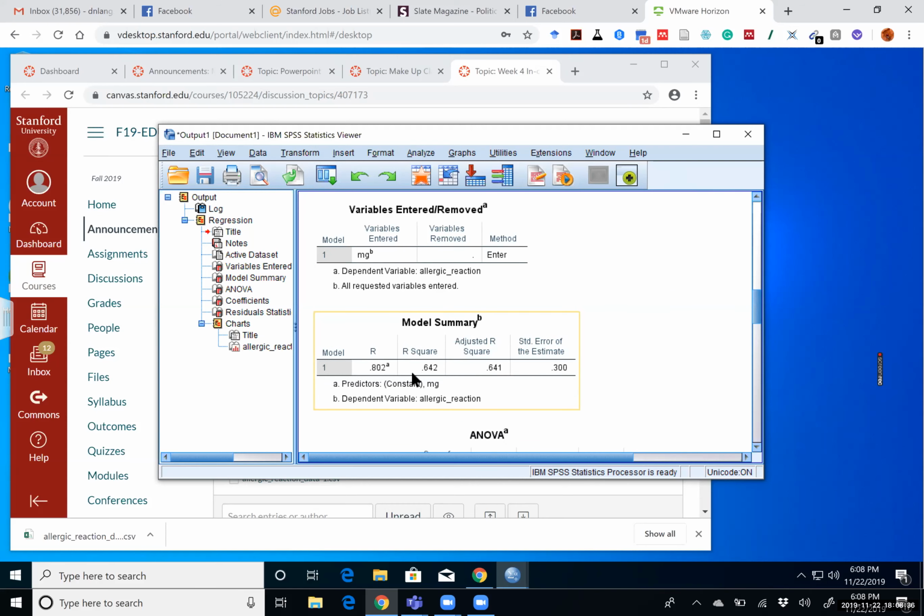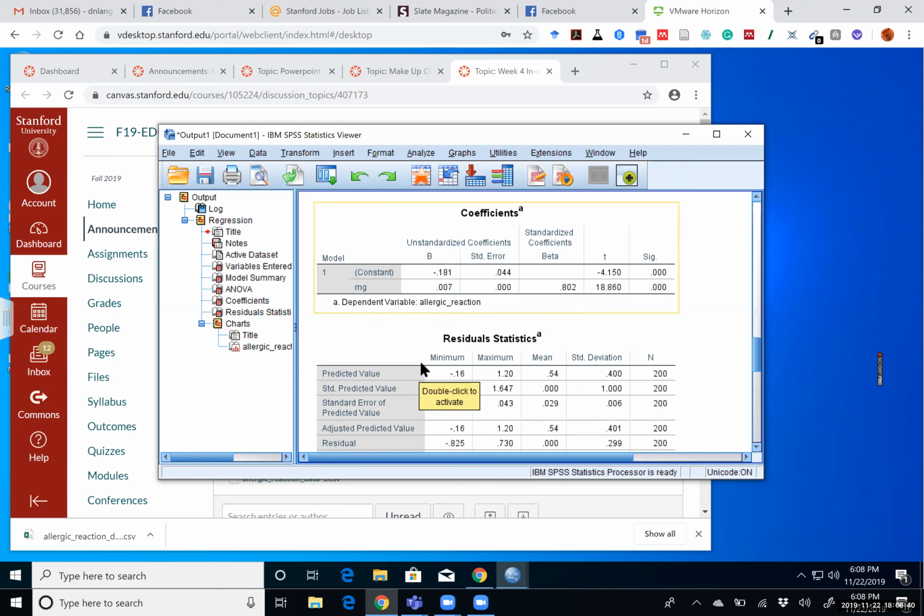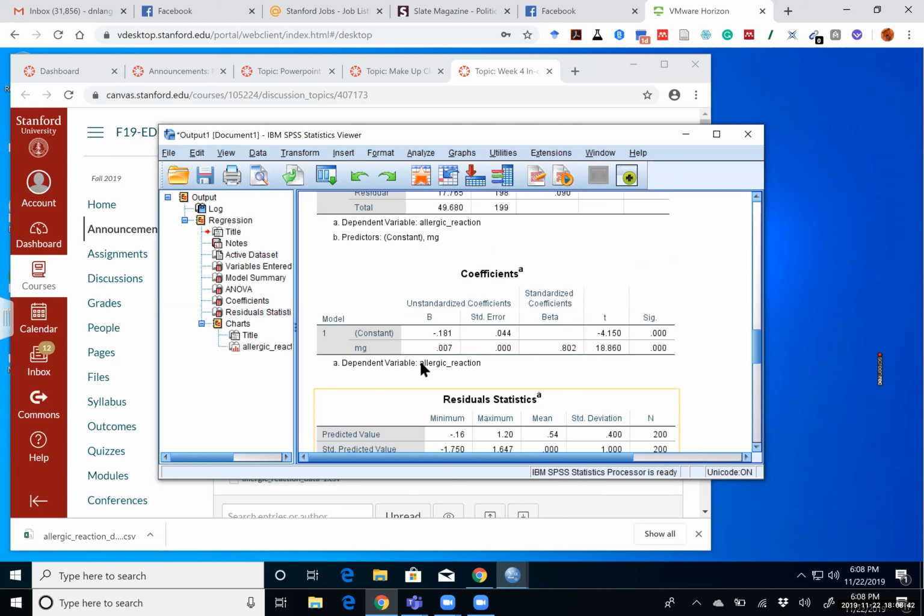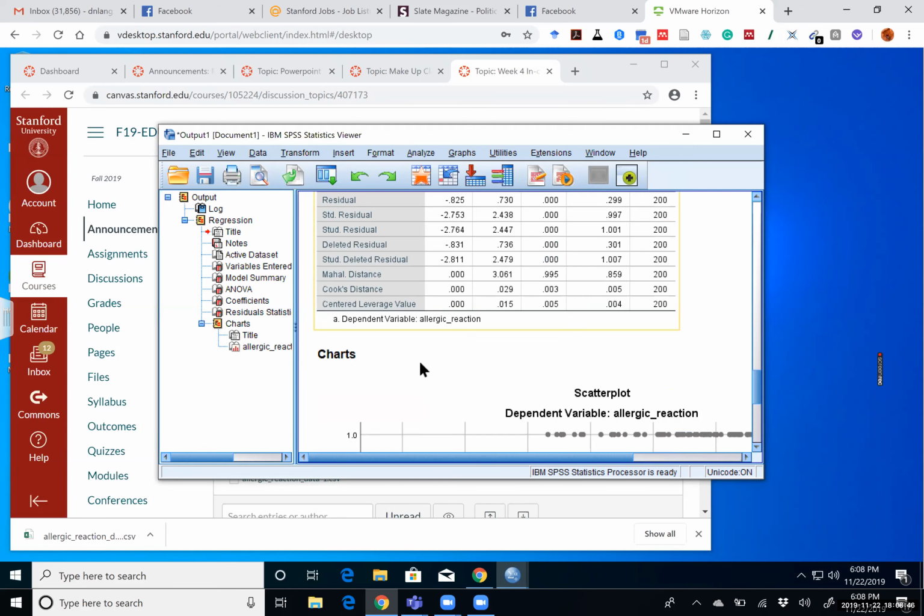You can tell that because this R squared and R value are rather high, telling us that it's very predictive. And then what we can look at are the associated coefficients.